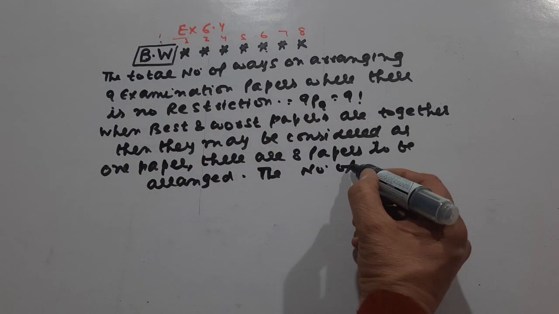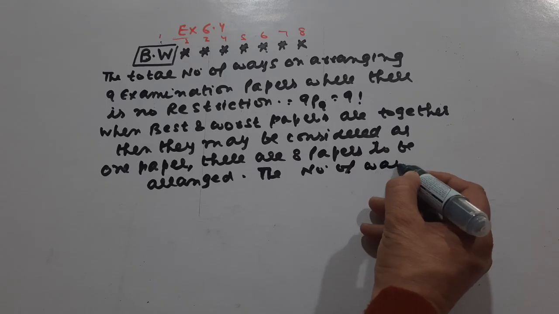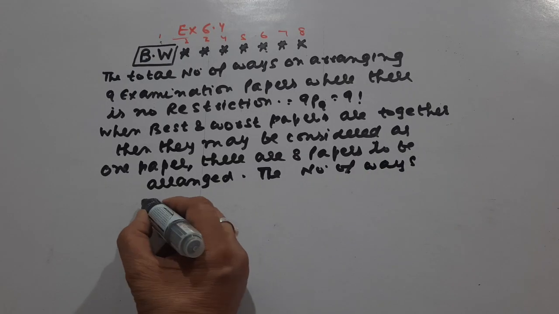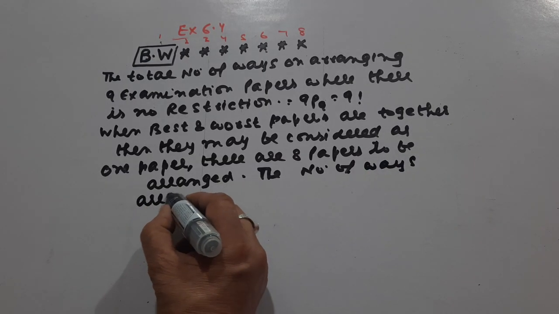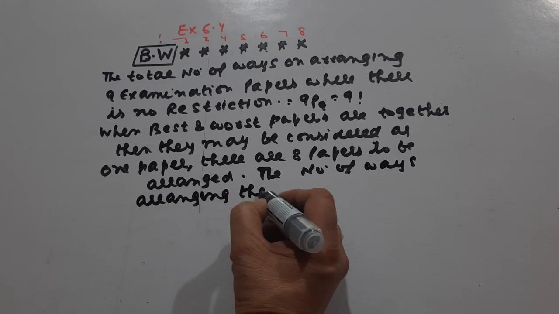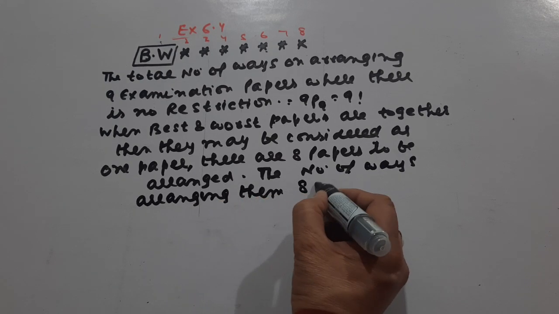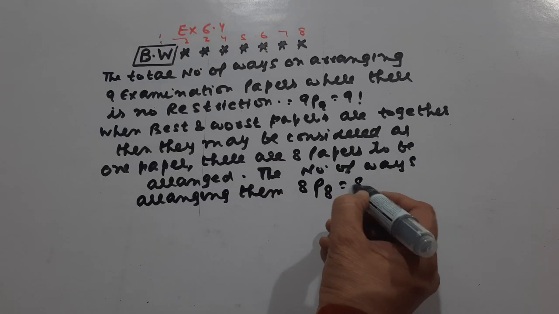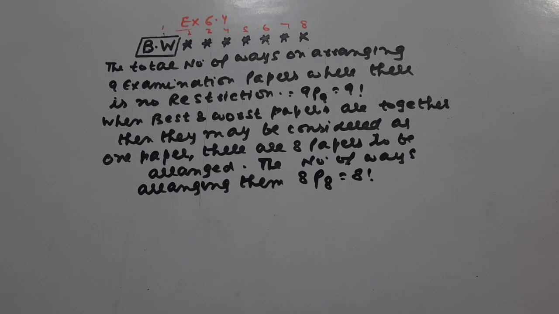So the number of ways of arranging them is equal to 8p8, which is equal to 8 factorial, right students?